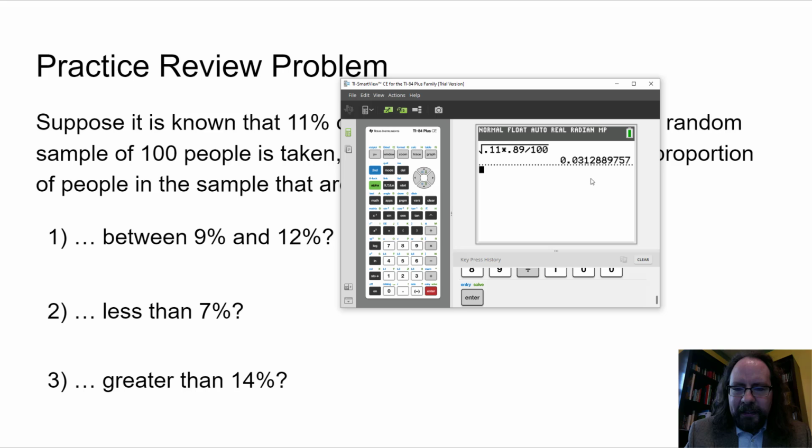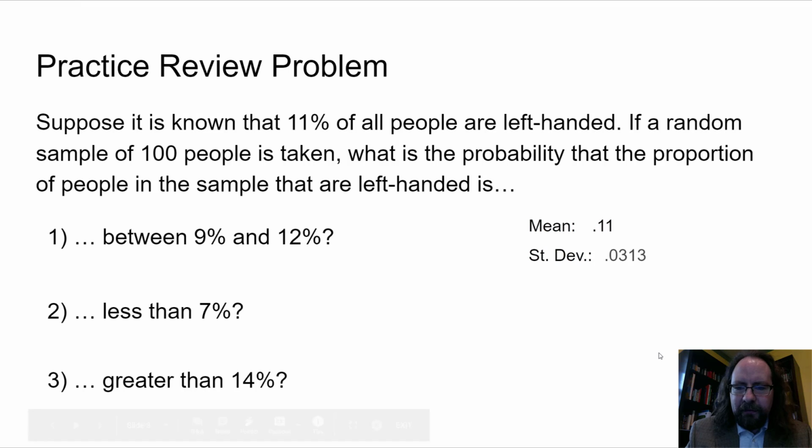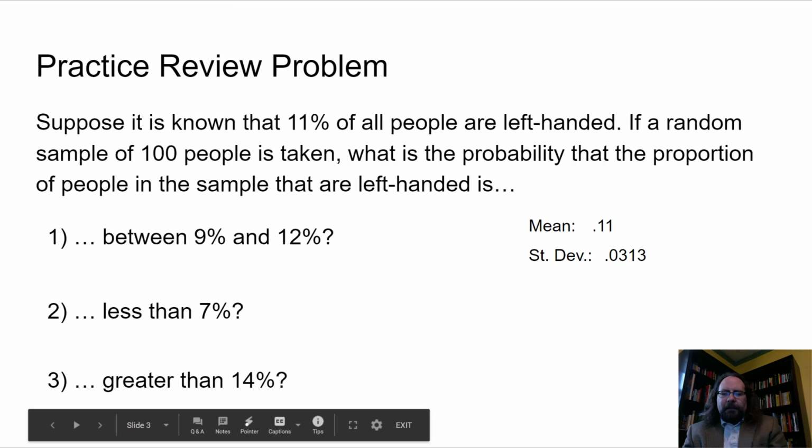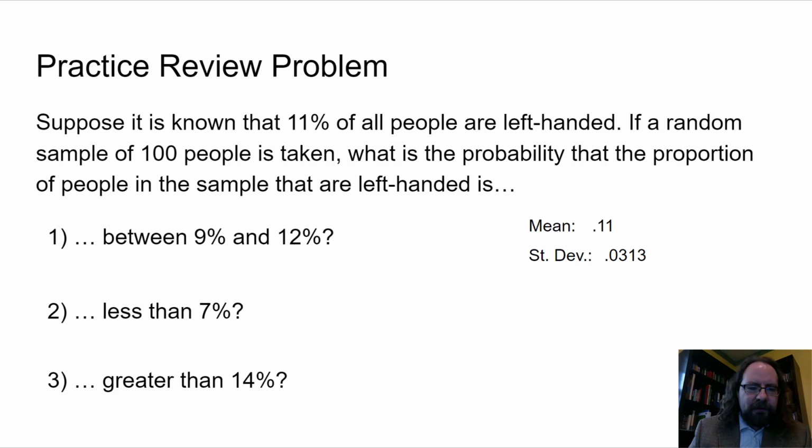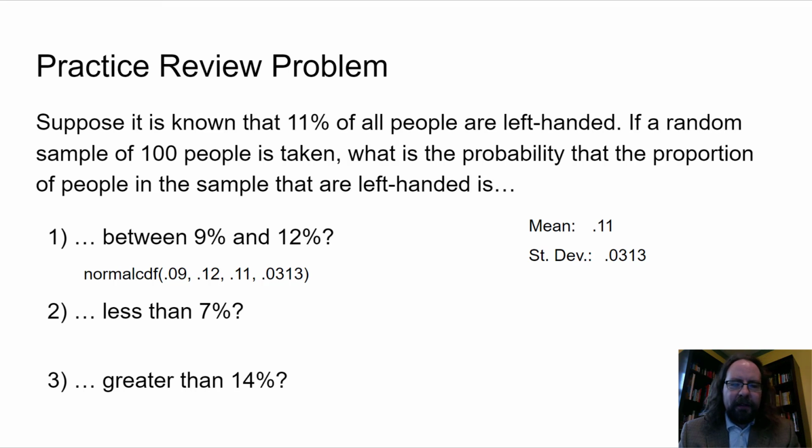And that gives me 0.0312, so on, so on. I'm going to round that to 0.0313. So in order to compute our first result, we're going to use normal CDF. Our left bound's 0.09, right bound's 0.12. Our mean is 0.11, and our standard deviation is 0.0313. This gives us a final probability of 0.364.